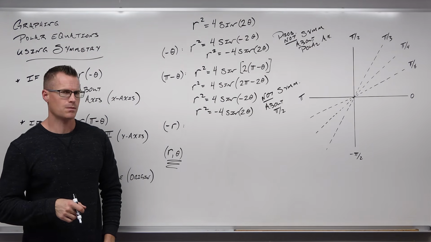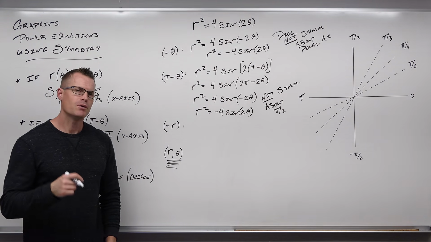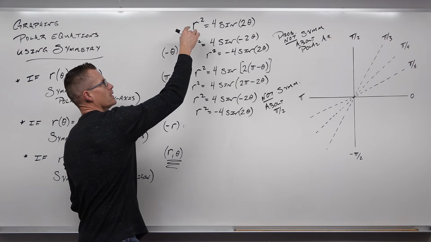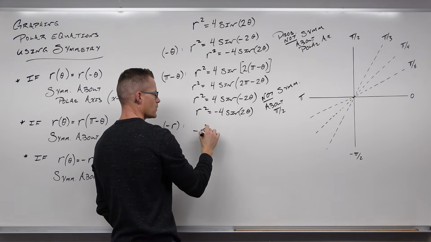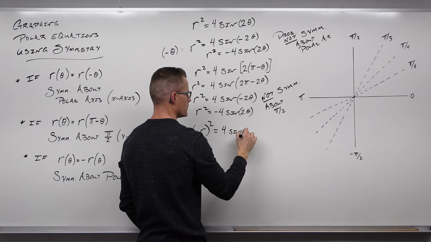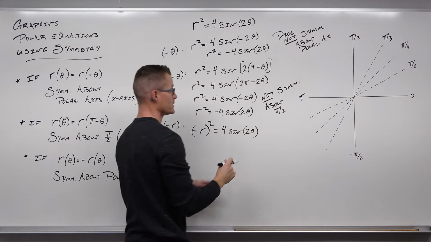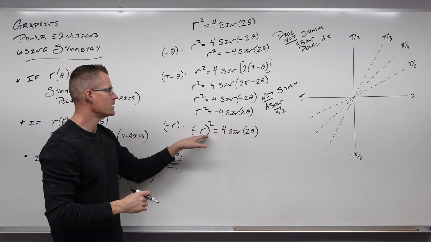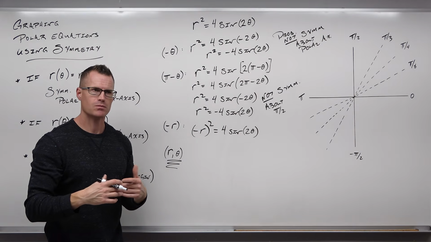Now, what about negative r? I already ruined it, but if you evaluate negative r, then negative r would be squared. It doesn't affect the right-hand side at all, but negative r squared is the same thing as r squared.